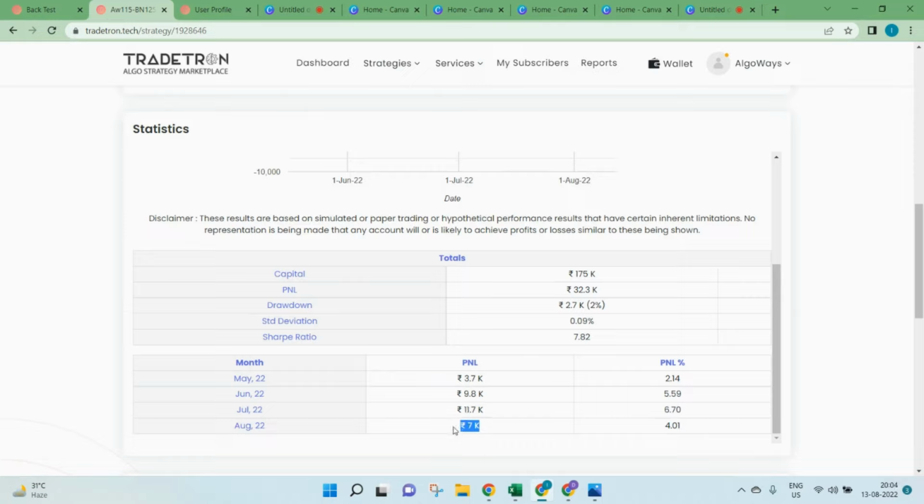And in August till now it is 7,000. The drawdown has been 2,700, which is 2%, which is negligible. One more good point is the standard deviation, you see how low it is, and the Sharpe ratio is 7.82. Anything above 5 is treated as very good.